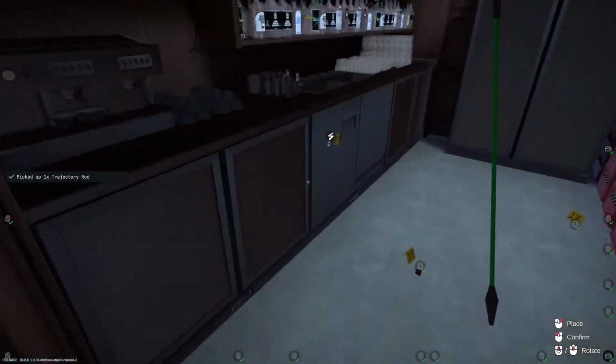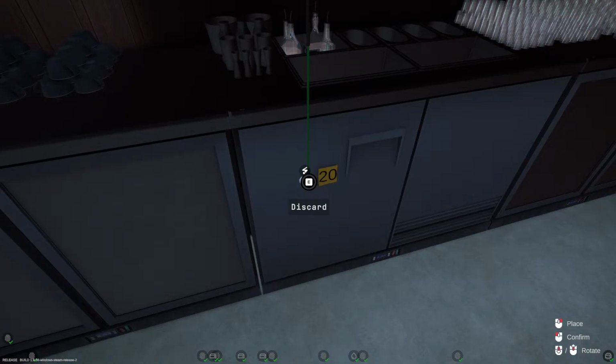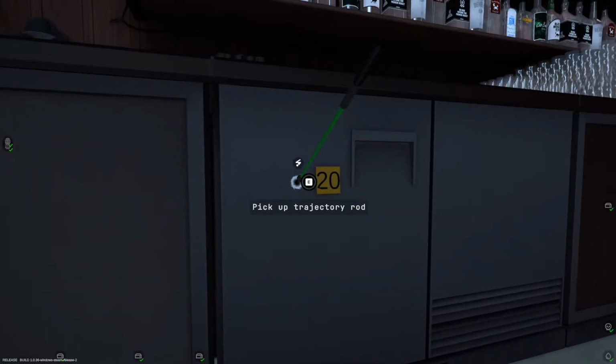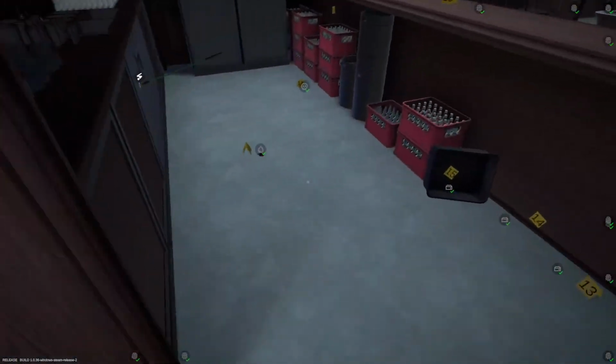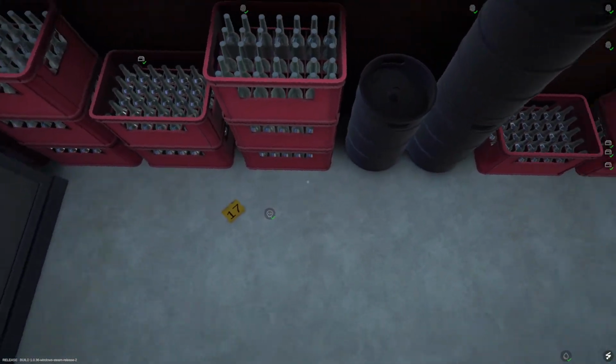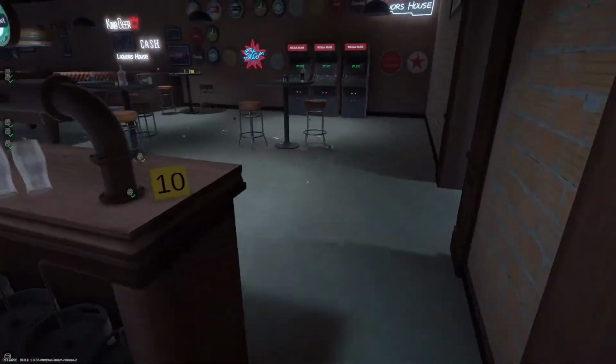Okay, we'll put the rod right in here. Yep. Oh, yep. It had to be here, right? Because the guy's gun was here, the blood's here. Got shot, dropped down.